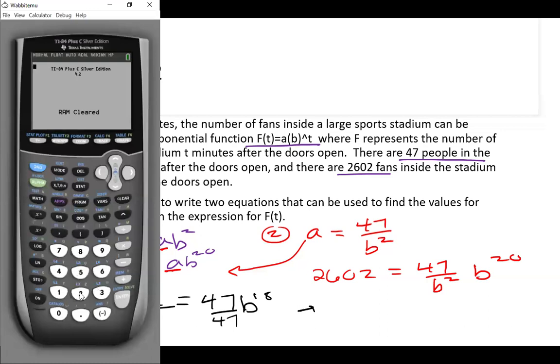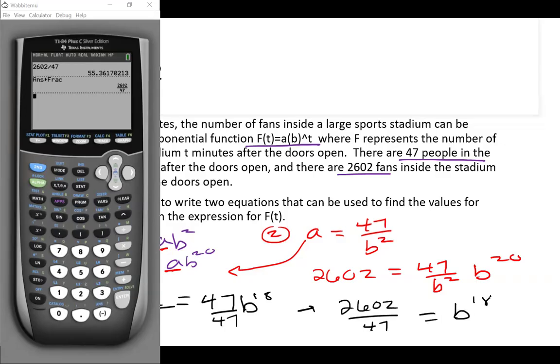All right, so we have 2,602 divided by 47, and we get not such a pretty number. So I'm going to leave it as a fraction, which is just 2,602 divided by 47 equals B to the 18. Okay?